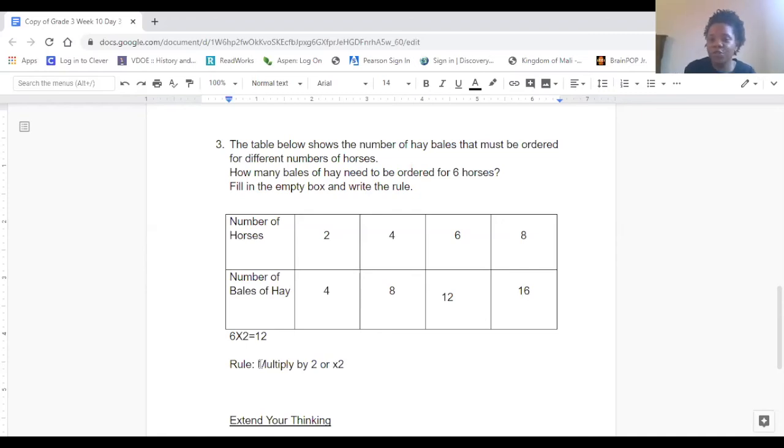Did you get that? Did you find that pattern? And maybe you came to your answer a different way. Maybe you saw that you were counting by 4s at the bales of hay. You said 4, 8, 12, 16. Maybe that's how you found it. If you can explain your thinking and your answer, then you've done a great job.